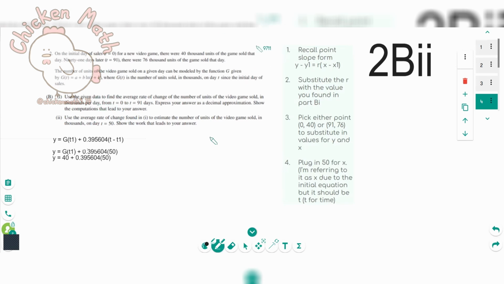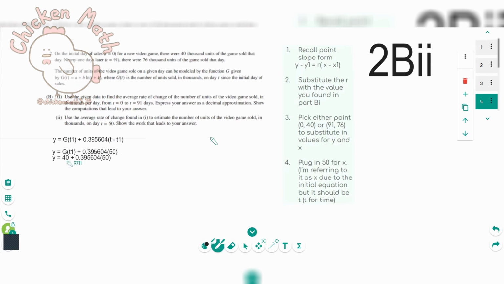So recalling point slope form, which is right here, I moved y1 to the other side, and since this question is g of t, I made sure to put everything as g. So using the slope from the first part, I plugged that in for r, and then I needed to use the points from this question. So you can either use 0, 40 or 91, 76. It doesn't matter, you should get the same result.